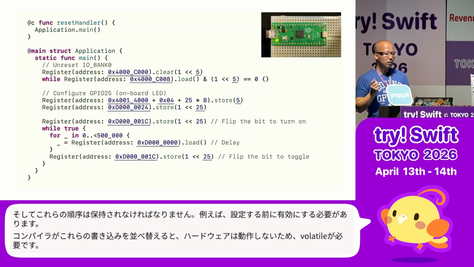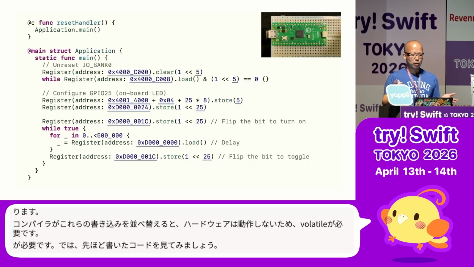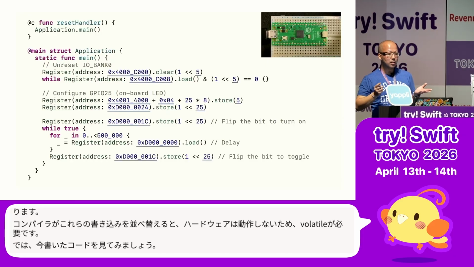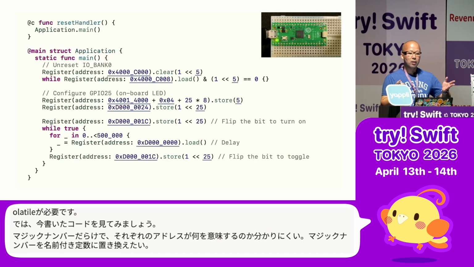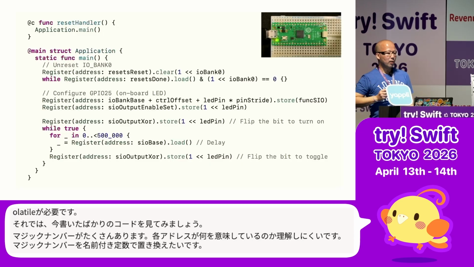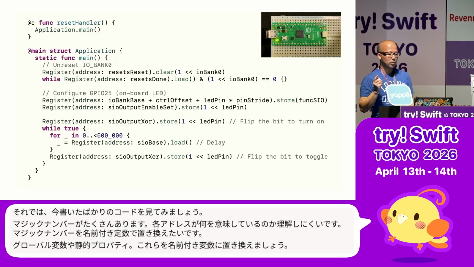Now, look at the code we just wrote. It's full of magic numbers. It's hard to tell what each address means. Let's replace them with named constants using global variables and static properties.